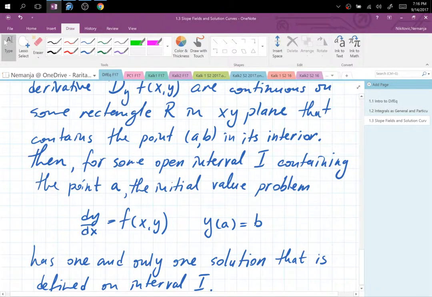One and only one, yes. That's it. It has one, so it exists, and only one, so it's unique. That's the verbiage. Very good. That's it. All right.